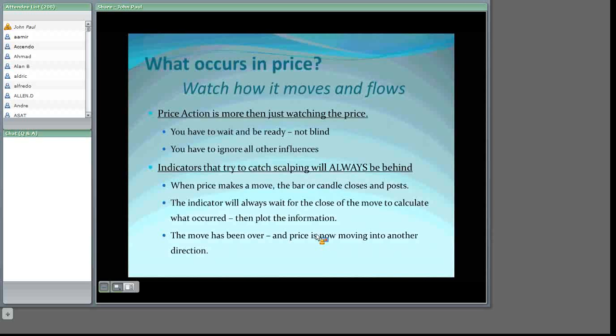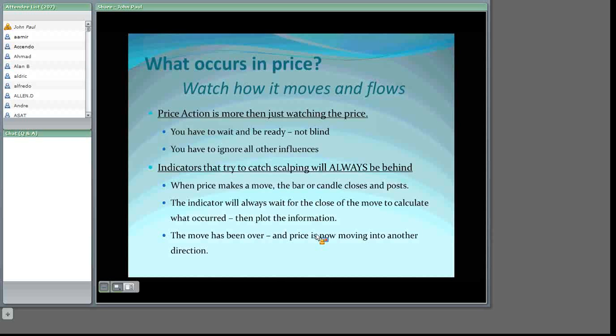Now, if there's anything you guys take out of what I'm going to show you today, it is this: when price makes a move, the bar or candle, whether it be 1 minute, 5 minute, whatever, posts a close. The indicator will always wait for that close to happen, then calculate what just occurred, and then plot that information for you. So hence, the move is over.